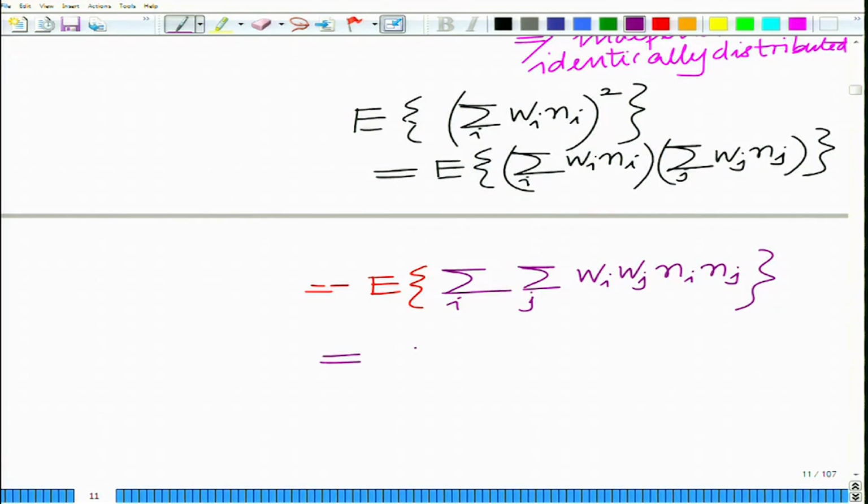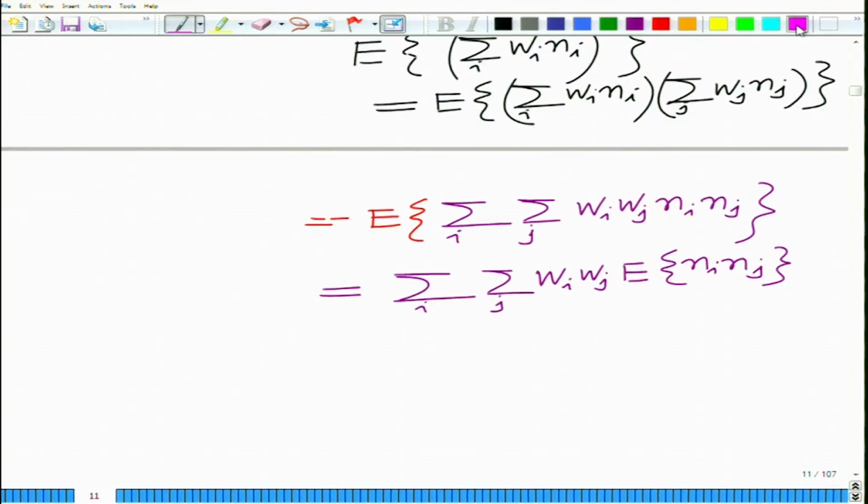Now it is easy to see what this reduces to. Take the expected value inside, summation over i, j of Wi Wj expected value of Ni Nj. In fact, Wi and Wj are constants. And we have seen this is equal to 0 if i is not equal to j, and equal to sigma square if and only if i is equal to j.